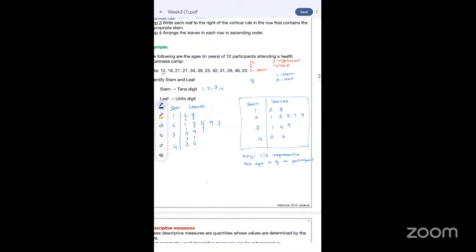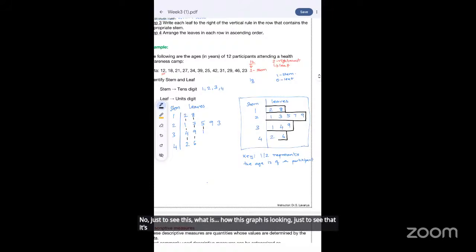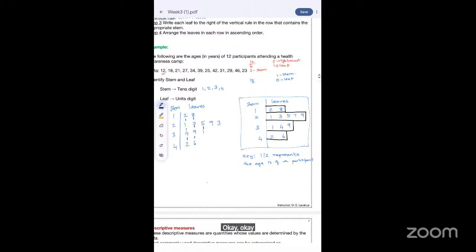Sorry. So here you see that now suppose I am going to make it like this. Ma'am, can it be done in landscape mode? Very problematic. No, just to see how this graph is looking. The view is anyway coming for you like this, right? Okay, fine.